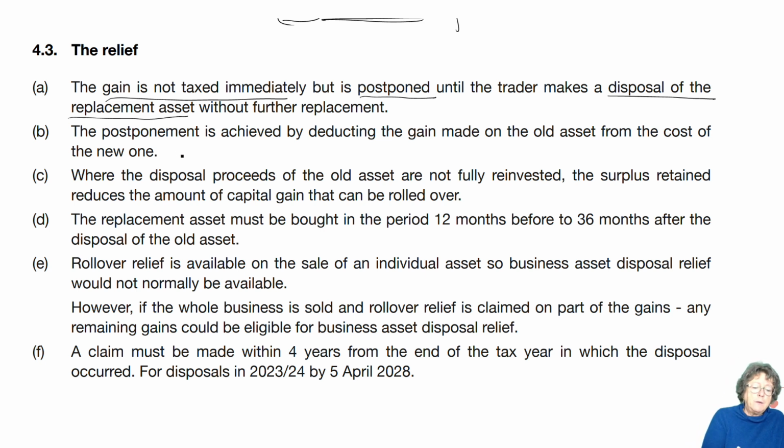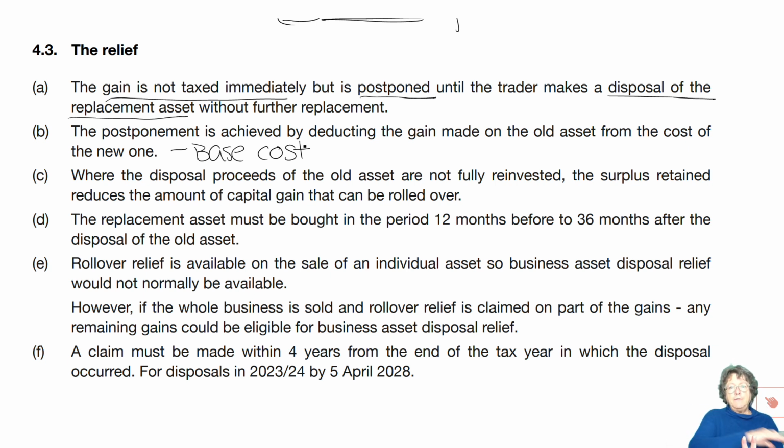That will then give you what's known as a base cost, where the disposal proceeds of the old asset are not fully invested. The surplus reduces the amount of gain that can be rolled over, and then you will have to pay tax on that. So roll it all over, no cash because you've used every penny, no tax.